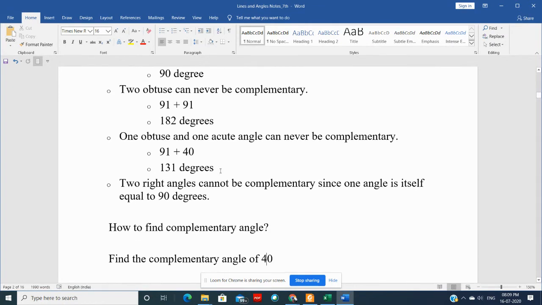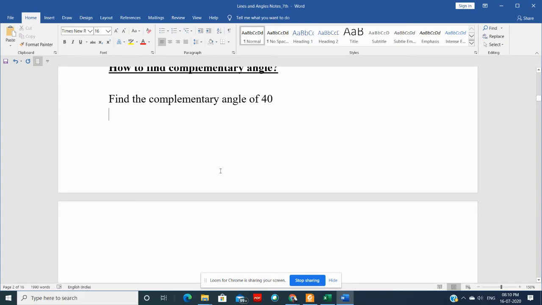Now, here we come to how to find a complementary angle. So this discussion brings us to this, that is, how to find a complementary angle. Let's say you are given one example: find the complementary angle of 40.